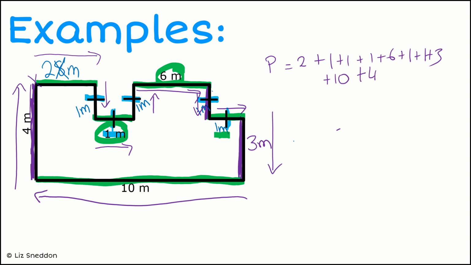And that gets me back to where I started. So that's my total distance around the whole shape. If I add that all up, it gives me a total distance of 30 meters. So that's my perimeter for that shape.